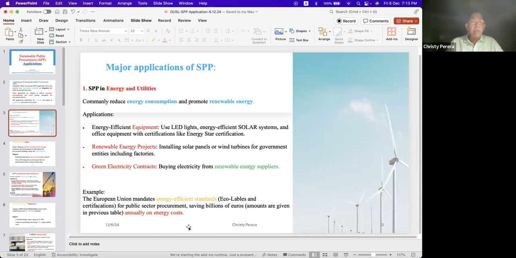Amounts are given in the previous table. I think last time I gave you the table. European countries also, I think I have given you energy savings of euros annually on energy cost.